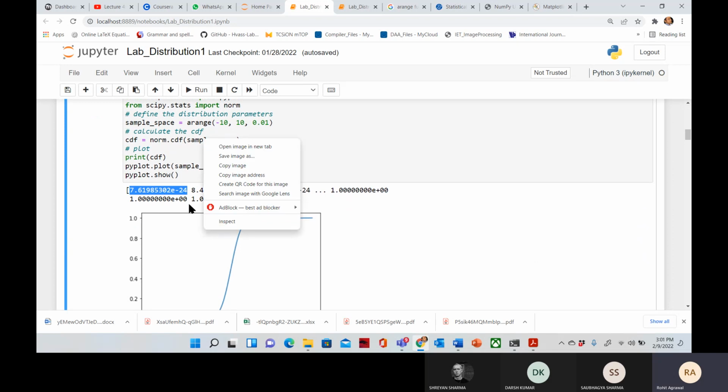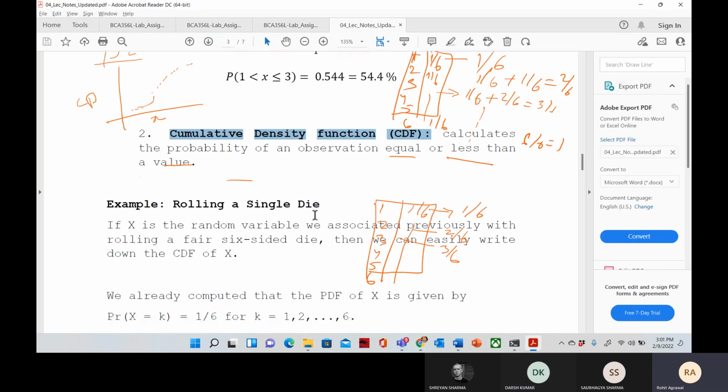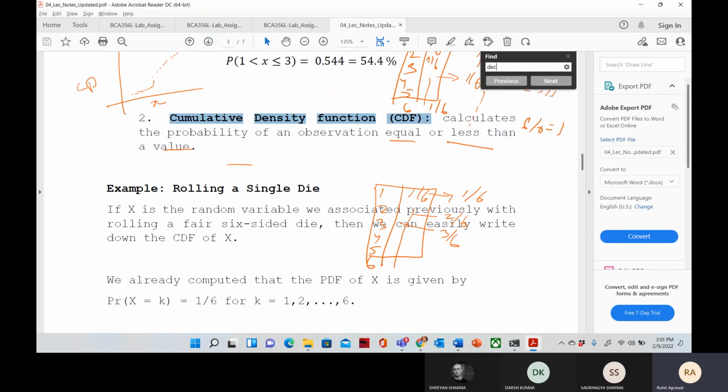But it will end at 1. So it is just in increasing order. If you remember, in the class we discussed that the cumulative density function will always be non-decreasing. Do you remember? In the notes I told you. Yes, sir. Yeah, it is non-decreasing. We will see decreasing.